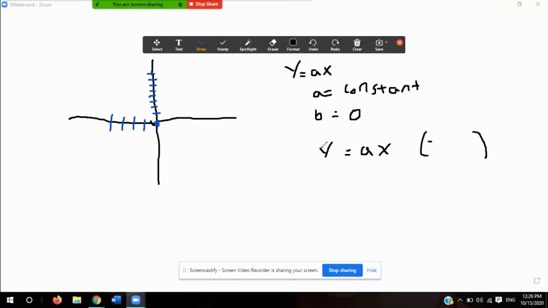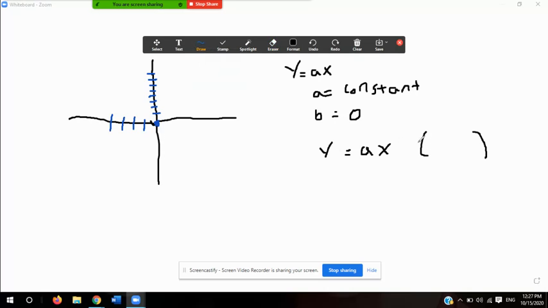You have y equals ax, and the ordered pair that you have in this case is 3 and negative 9. So positive 3 and negative 9.